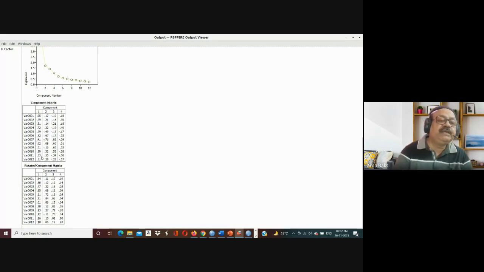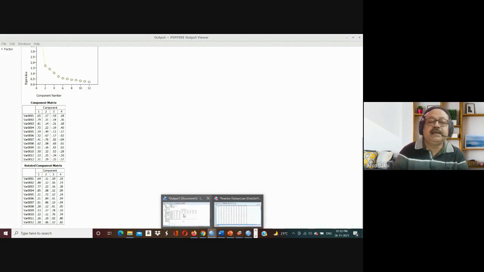But over here, if you are stating that you will accept only those values which are greater than 0.6 or 0.7, then probably for component 1, variables 1, 2, 3, and 4 are accepted. For component 2, variables 5, 6, and 7 are accepted. For component 3, variables 8, 9, 10. And for component 4, 11 and 12. Component wise and factor loading wise, this resembles what we got in SPSS.